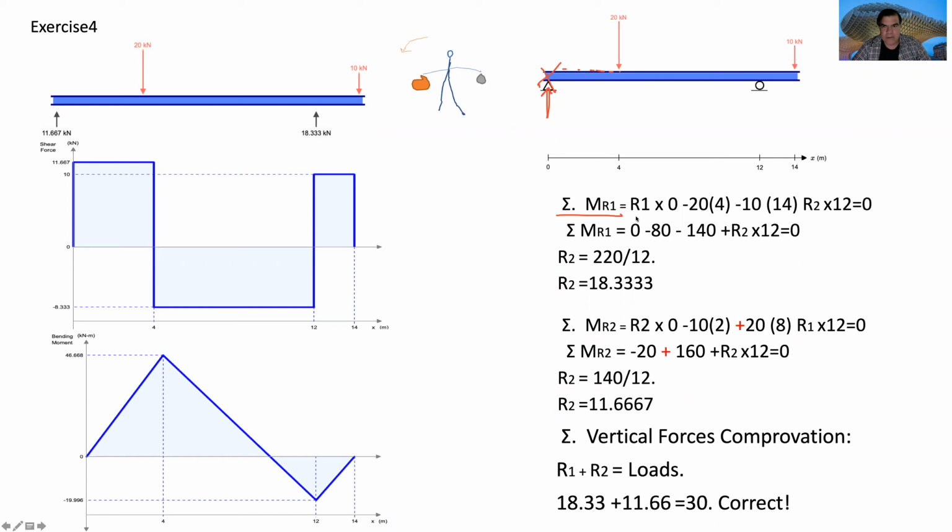Well, first R1 multiplied by 0 is 0. I find 20. I decided that 20 is negative. 20 multiplied by 4, that is this distance. Continuing walking, nothing happens. And I find one reaction, that is R2 multiplied by 12. This is the distance.